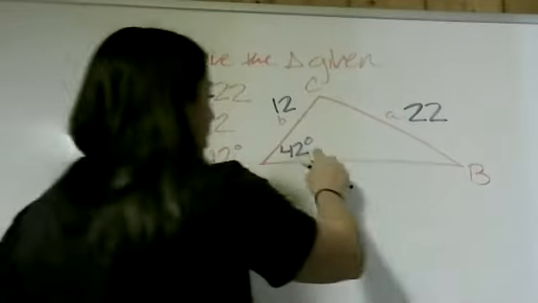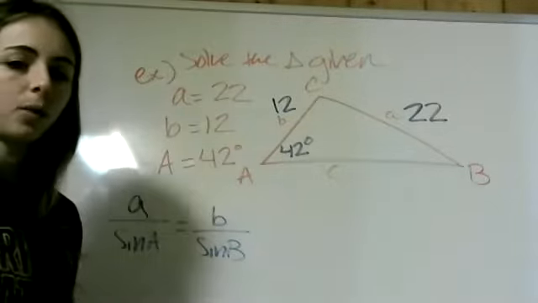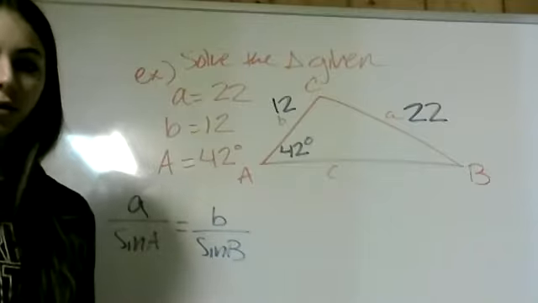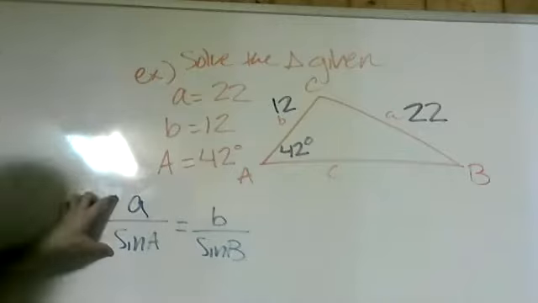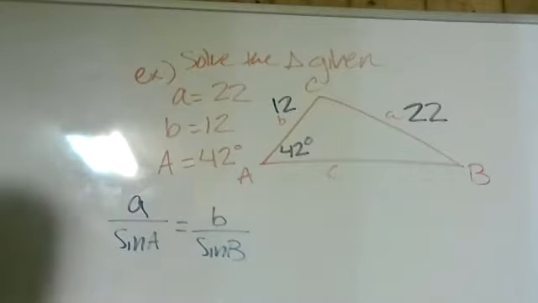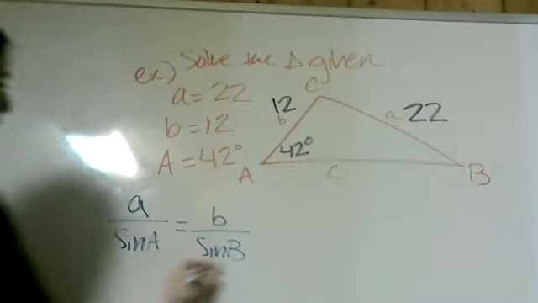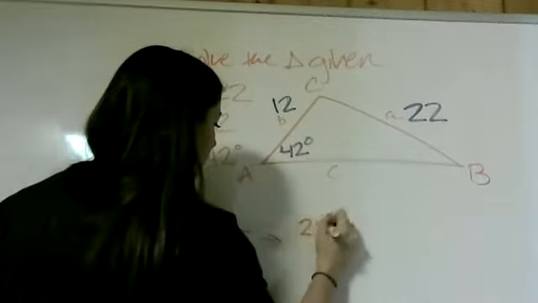I only have one angle measure, so I'm not able to find the other two without having a second one. Okay, I can find a third angle measure, but I can't find my second and my third until we have that one angle measure. But since I do have this ratio here of A over sine A, I'm able to use law of sine. So let's fill in the pieces that we know. I know my little a value is 22.